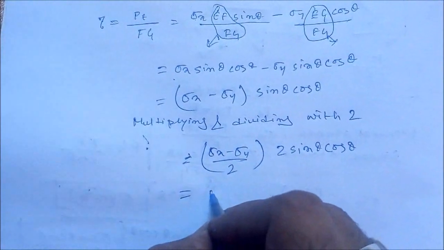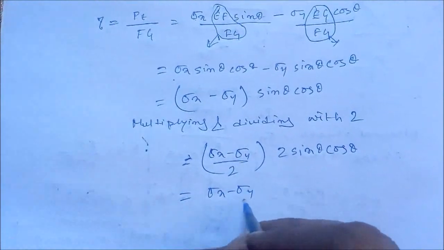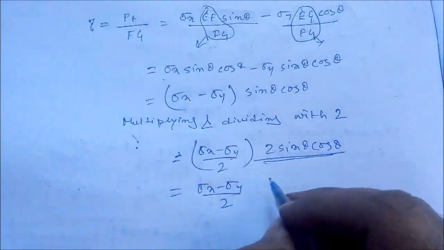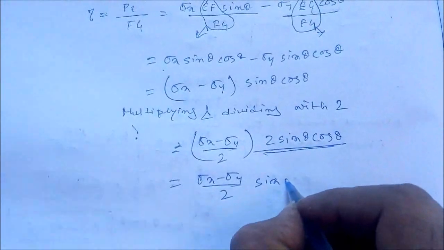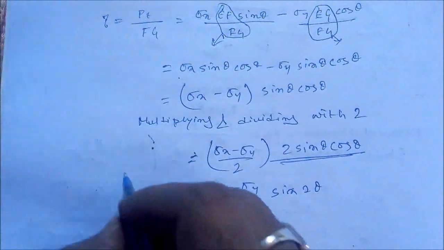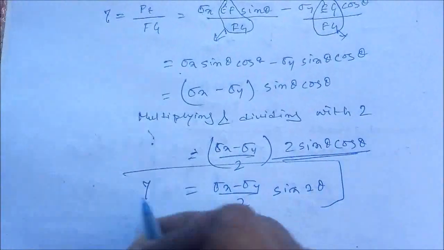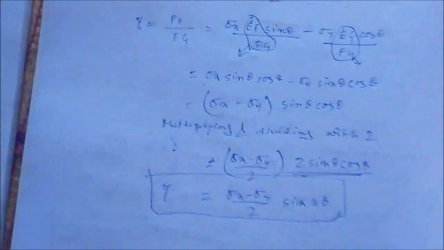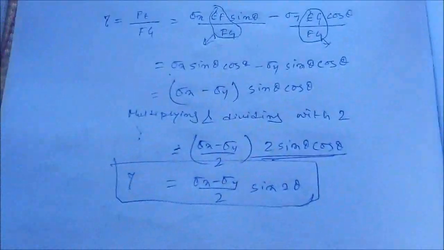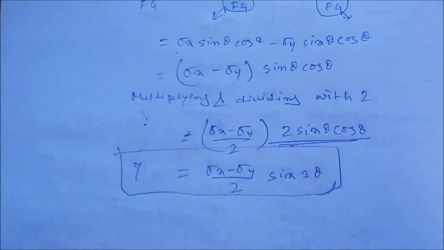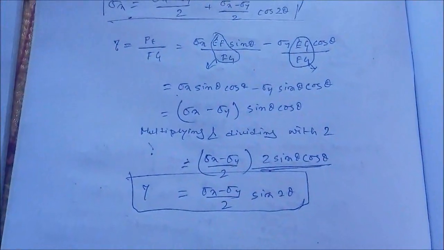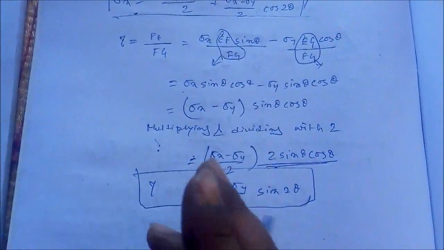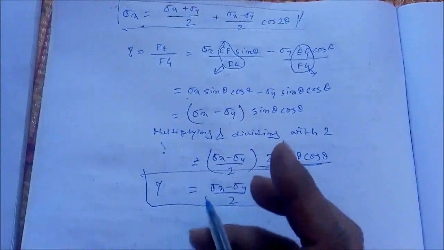So what we are getting? We are getting (sigma x minus sigma y) by 2, and for this term we are getting sin 2 theta. What is this value? This value is nothing but tau. So we are getting the value of sigma n and tau for this particular plane FG, the oblique plane, which is at angle theta with the vertical cross section, right?